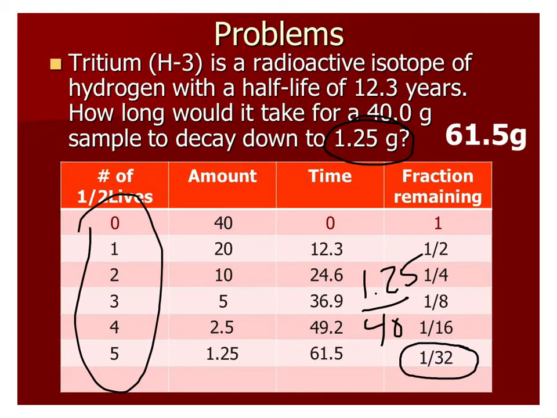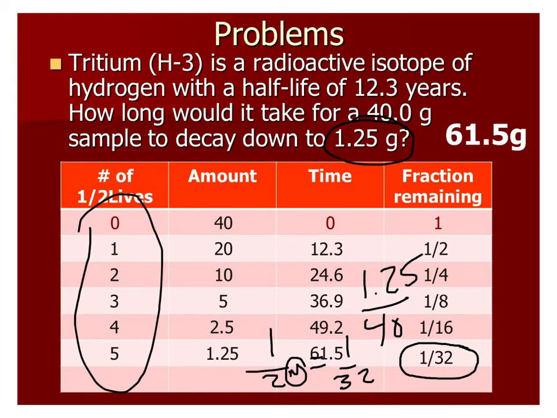Right? So it's going to be 1/2 to the n must equal 1/32. And if you work that out, you're going to find that 2 to the 5th is going to give me 32. Right? So you can solve it either way. One way is you'll get the answer, but you'll have to do a lot of dividing by 2.